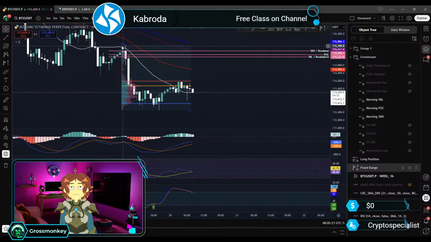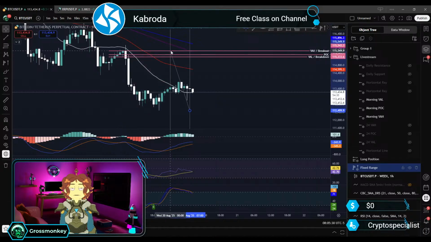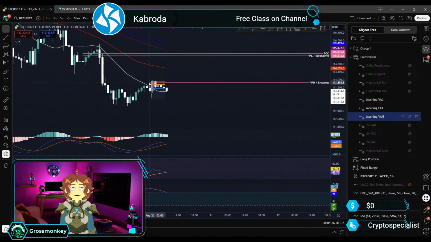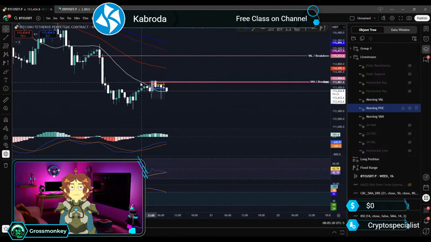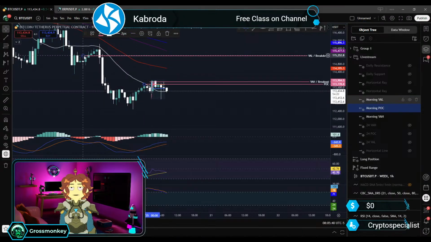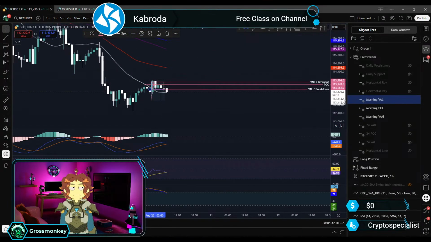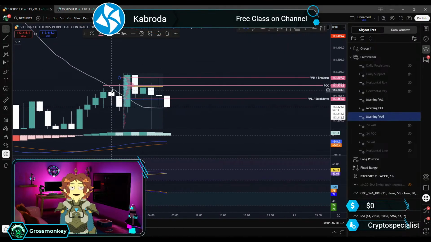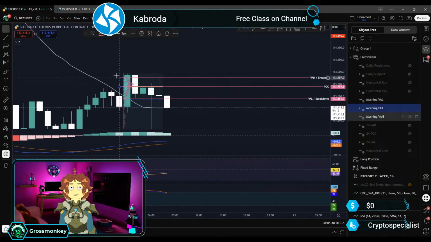And then we're going to move the back line that's on 7 from yesterday, and we're going to move that to 3 o'clock this morning. And those are going to give us our 3 lines for the morning FRVP levels. I'll make sure I get these all nice and tight on there.